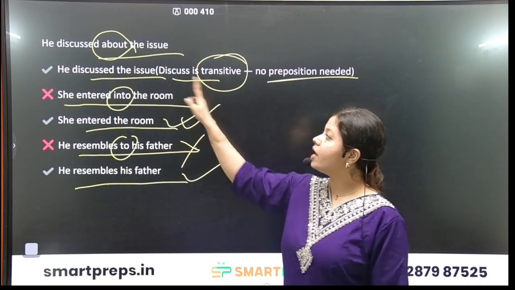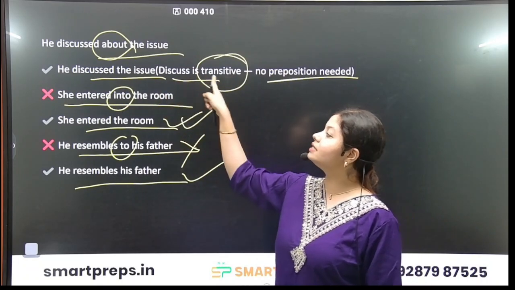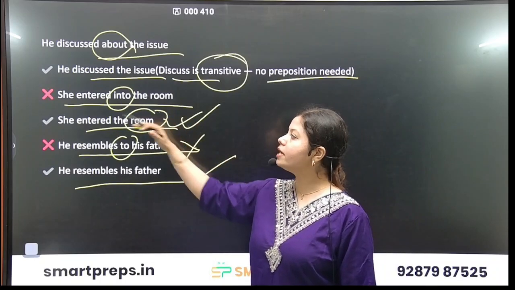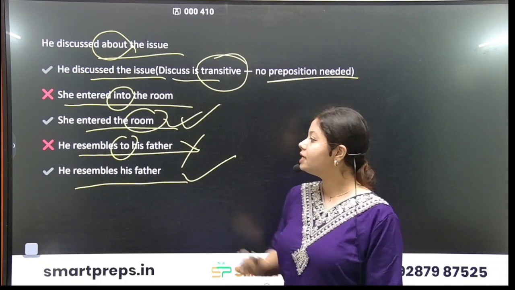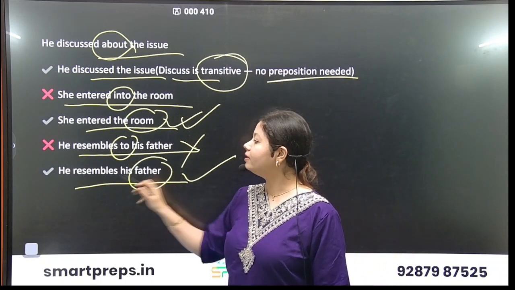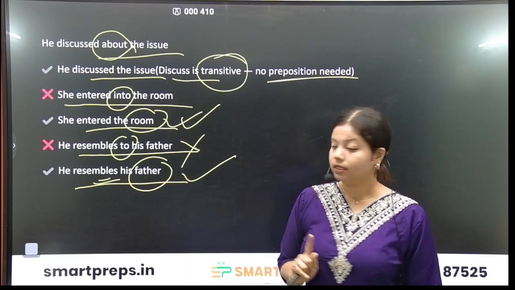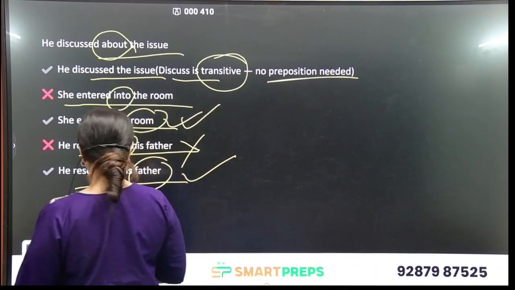Room is the object, entered is transitive. Resemble is transitive. So no preposition required. This is also an important rule here.